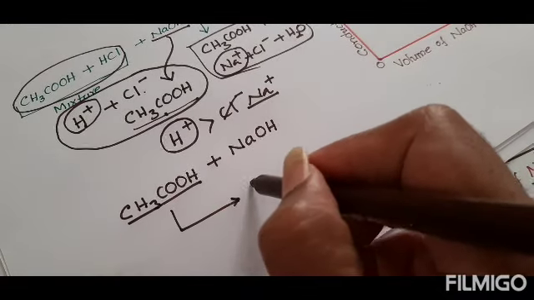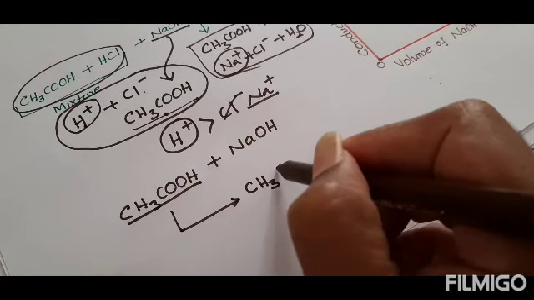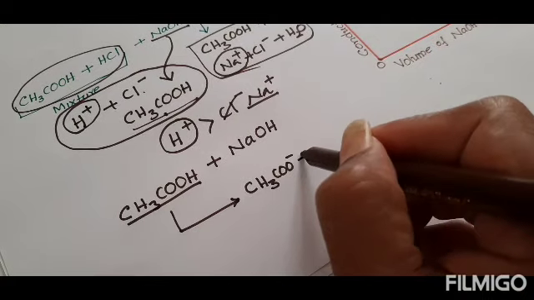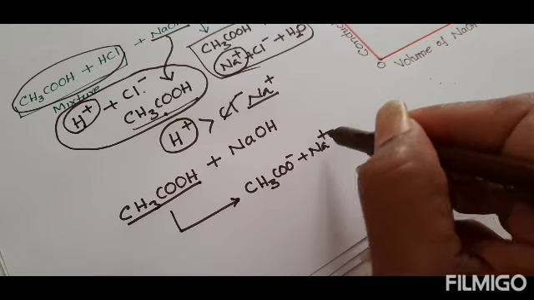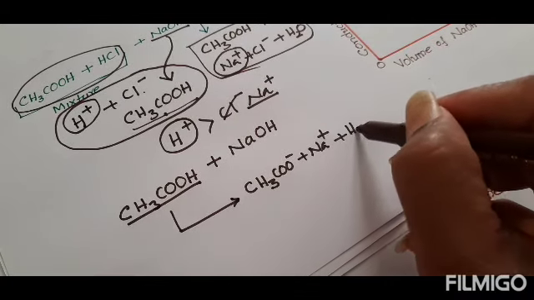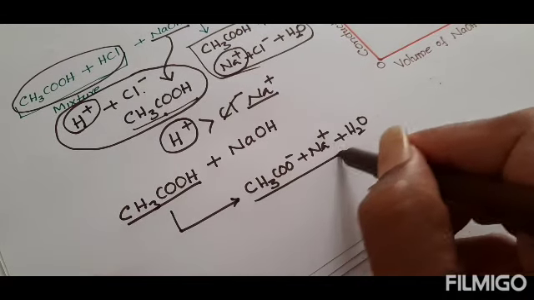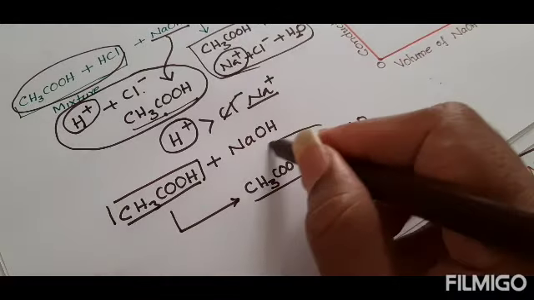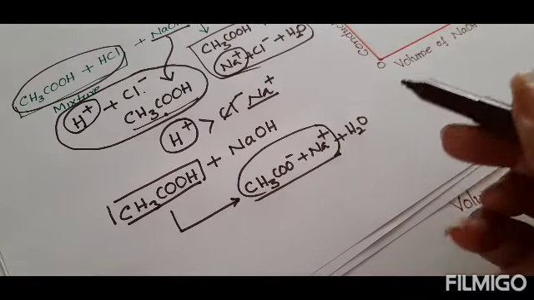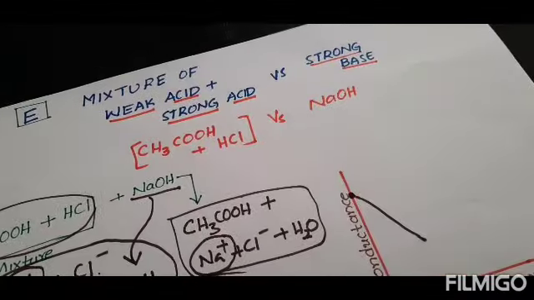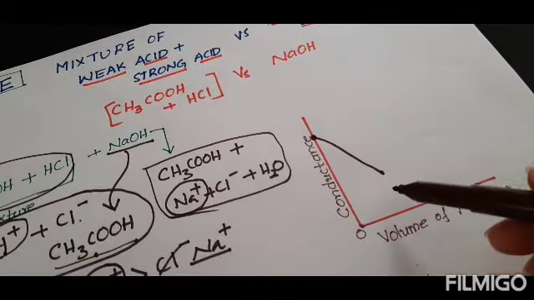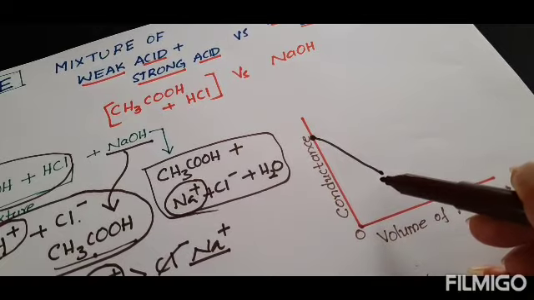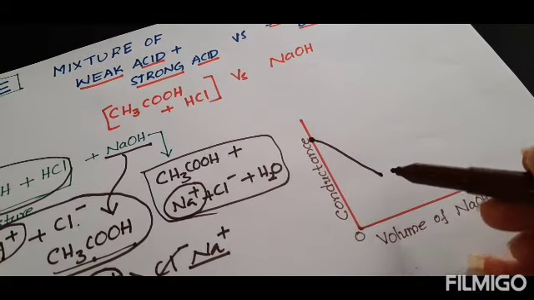After this, you are getting CH3COO minus and Na plus and water. When compared with the acetic acid, the number of ions will increase, so conductance will increase. This point represents the first end point, and this point also represents the equivalent conductance of the acetic acid.